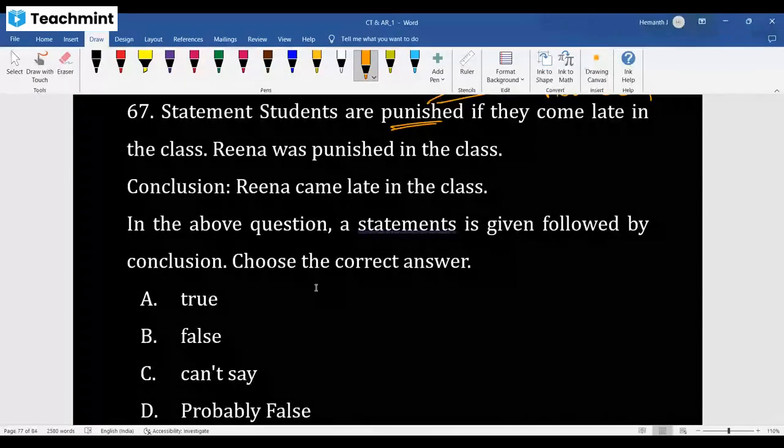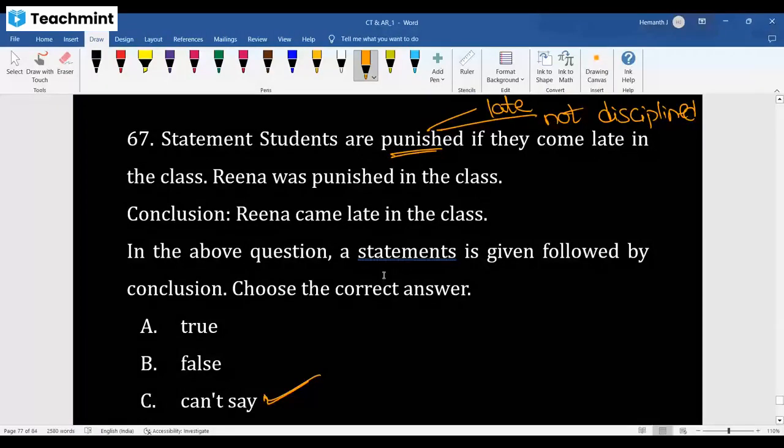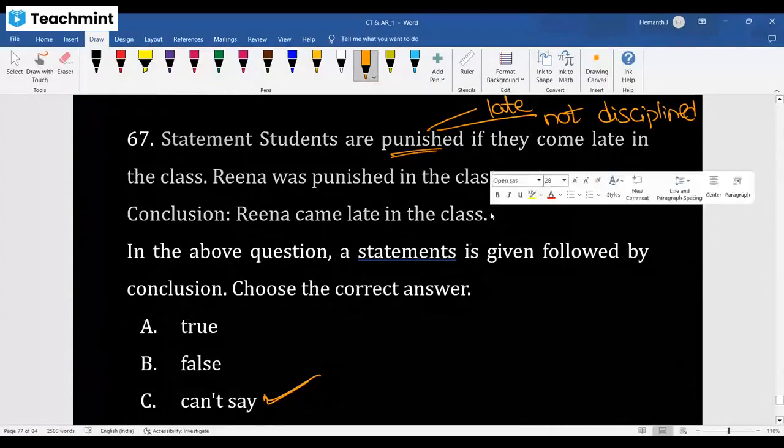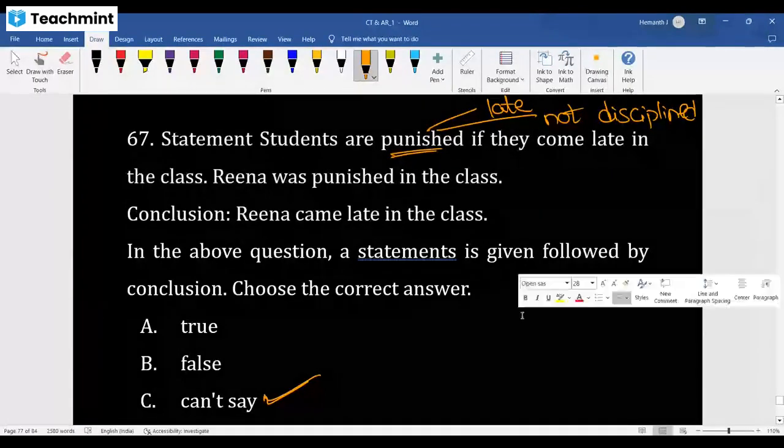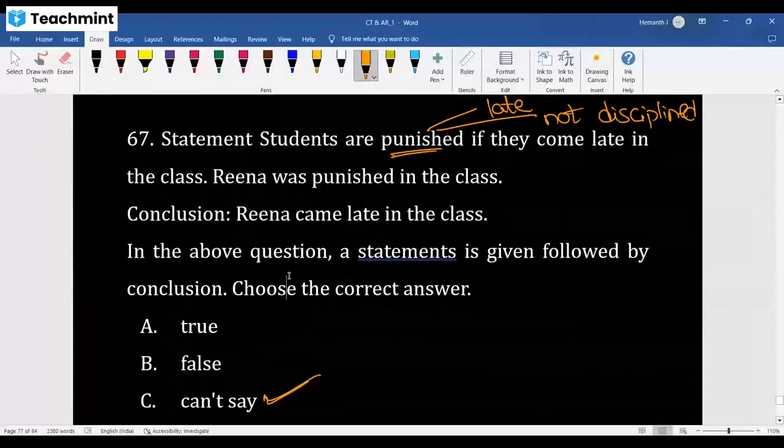I can't say that Reena came late in the class. I cannot say that. Reena maybe came late in the class, but I cannot decide it. Yeah, probably false also there. One moment, let me check once. Students are punished if they come late in the class.